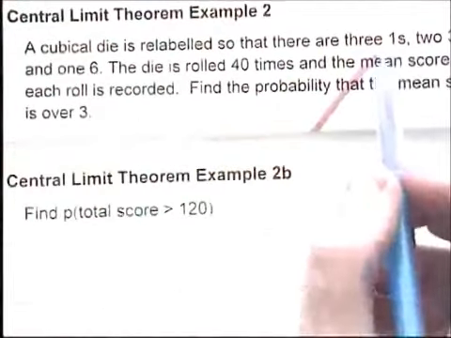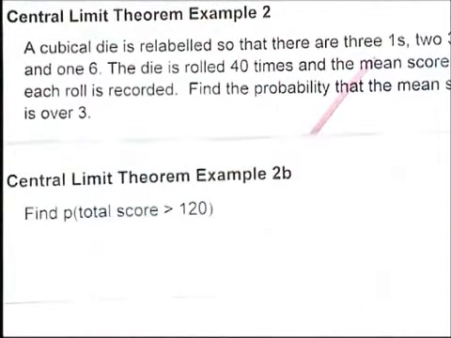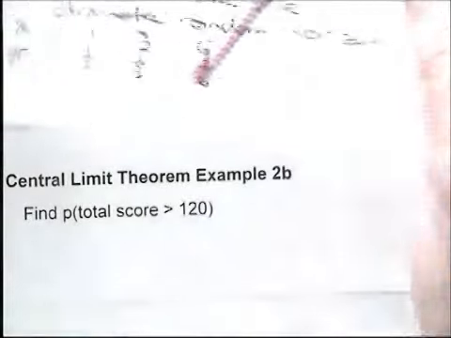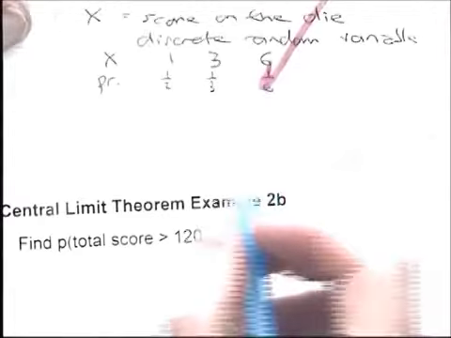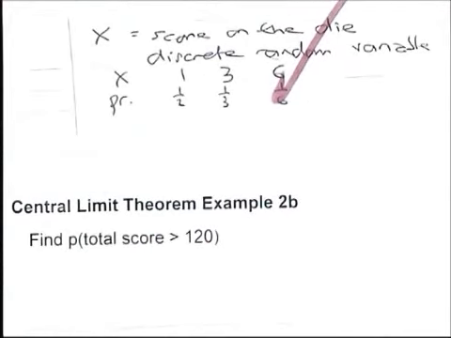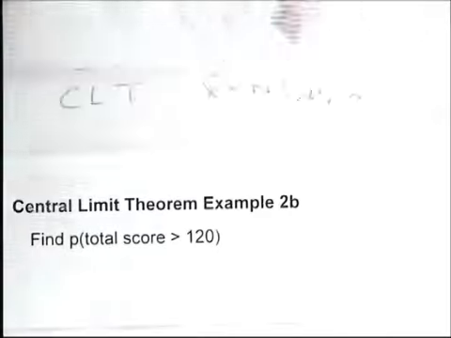It had 3 1s, 2 3s and 1 6. We have previously found its probability distribution, as we've got here. And we're looking now at the total score on it being 120.